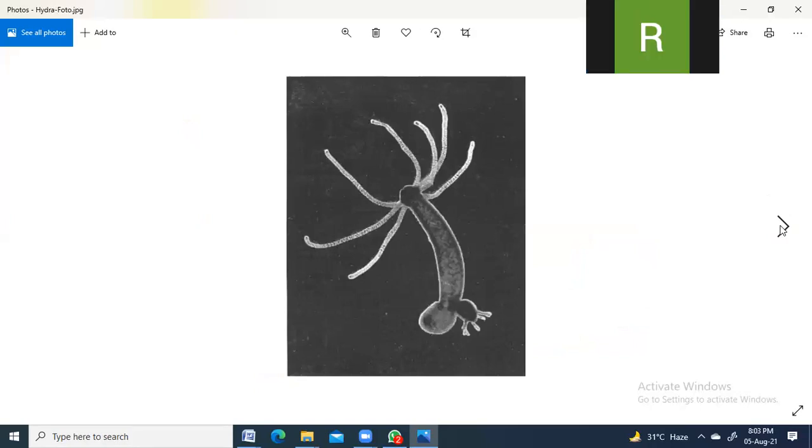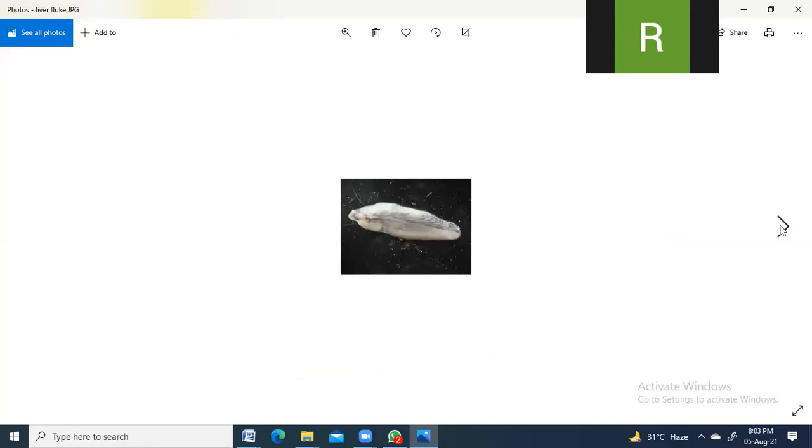Hydra. It is falling under Cnidaria. Superfluke. Very good. It is falling under Platyhelminthes.